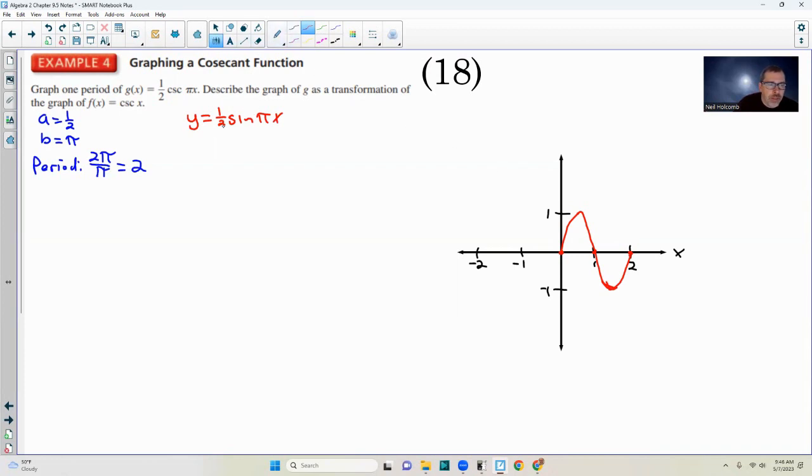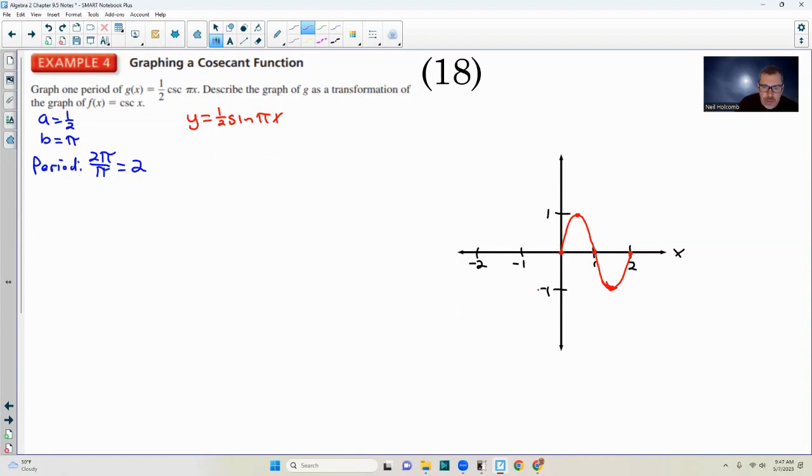But then this one is a vertical shrink by a half and a horizontal stretch by pi. Okay, so let me just fix this a little. I want that to come up like so, nice and smooth. There, that's better. So this is one period, and it's going to continue, of course.